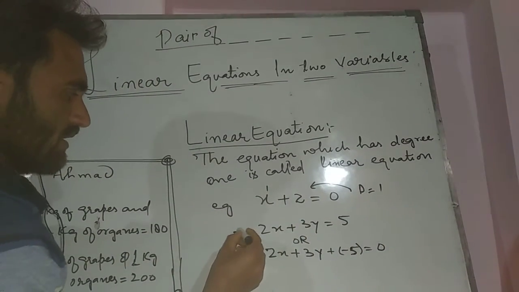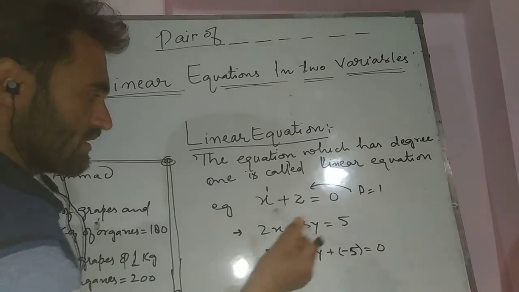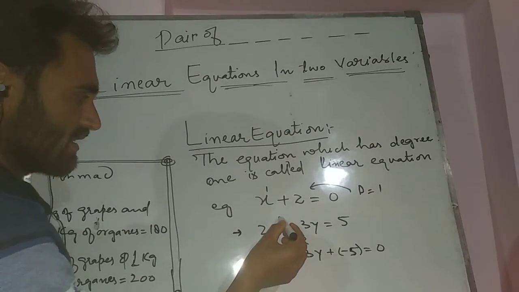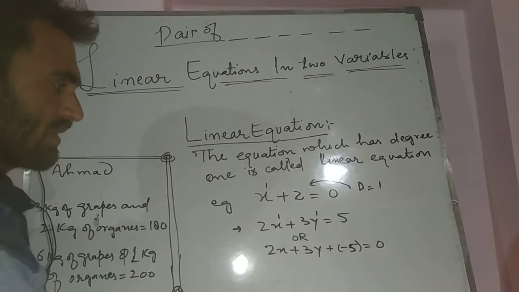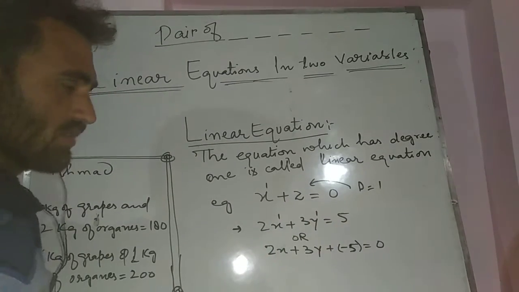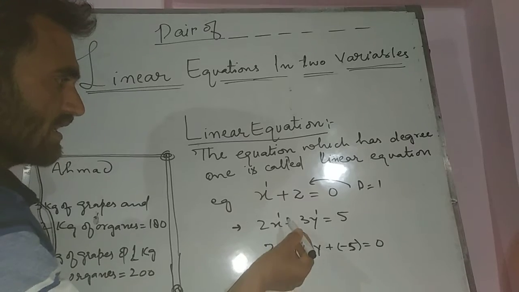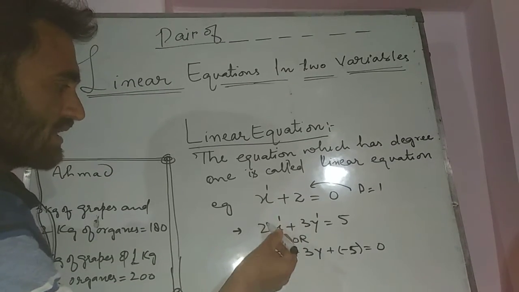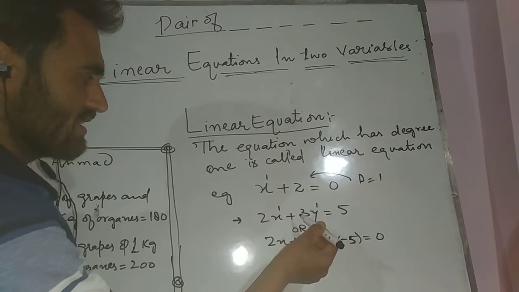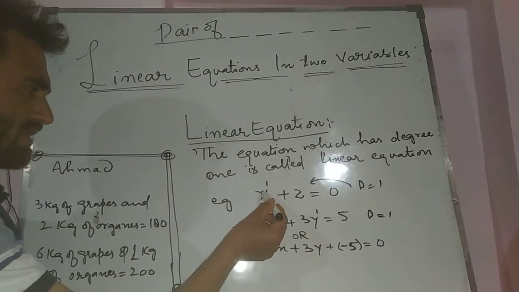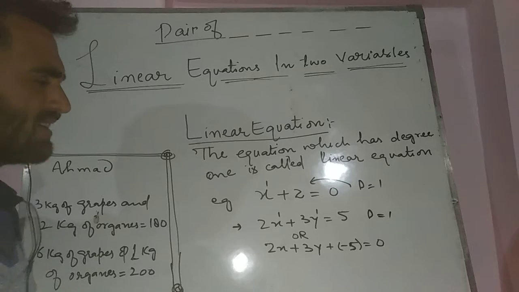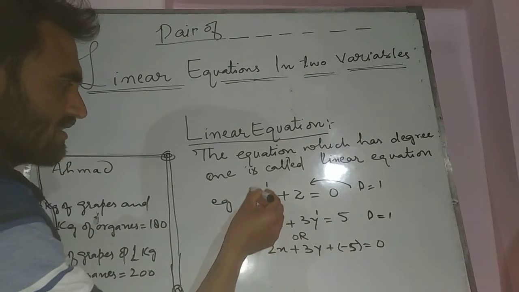One more example is here. 2x plus 3y is equal to 5. Here the degree of x is 1 and the degree of y is 1. Here it is equal to 5, it's a constant. So it is a linear equation because the variable's degree here is 1. But the difference between this and this example is that this is a linear equation in one variable.